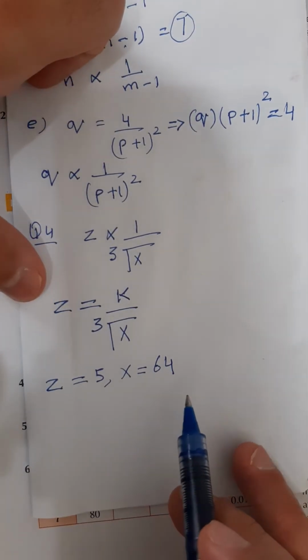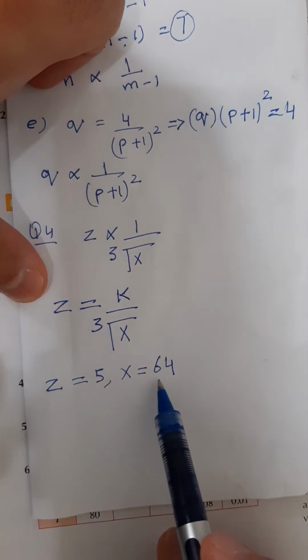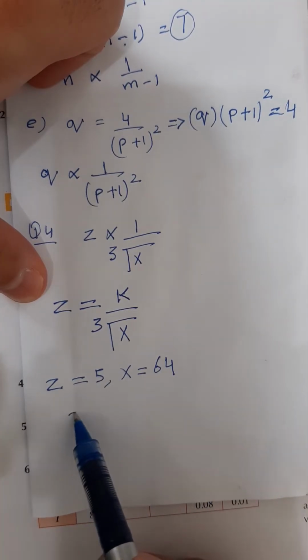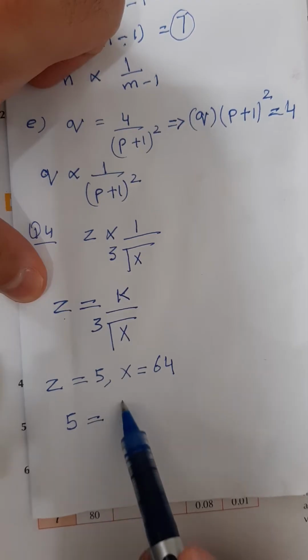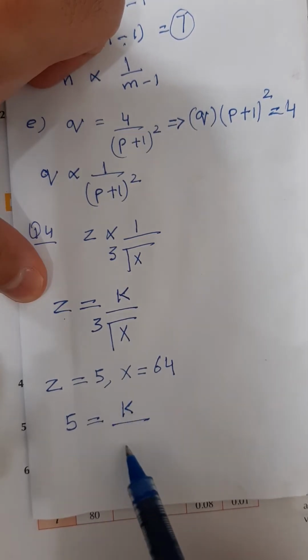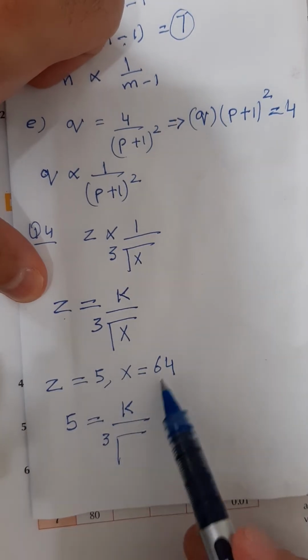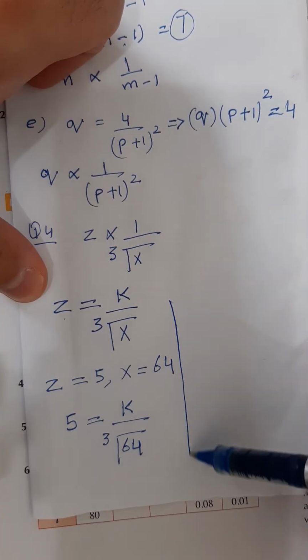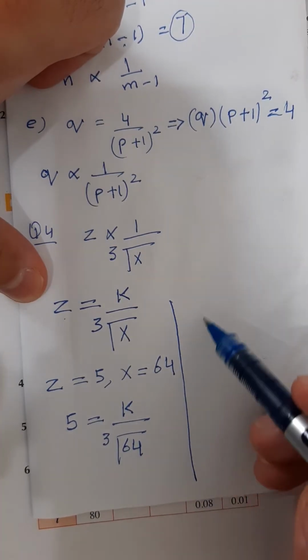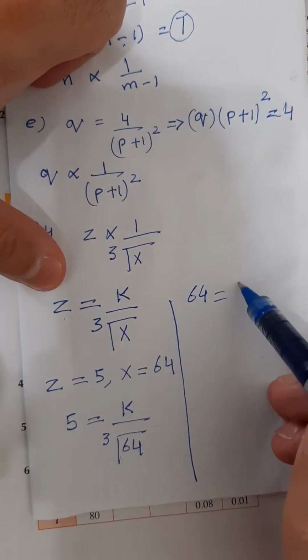Now from here you can find the value for k by using z equal to 5 and x equal to 64. So in place of z, use 5 is equal to k over cube root of x, and here x is 64. Now 64 is the cube of 4.